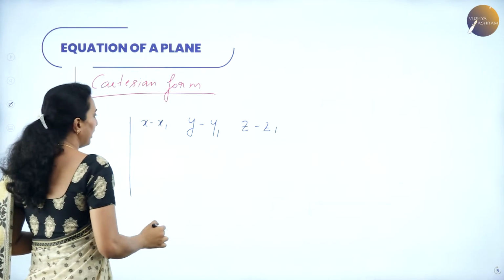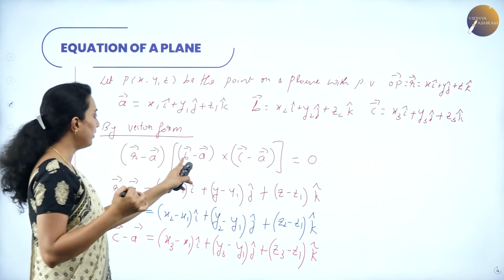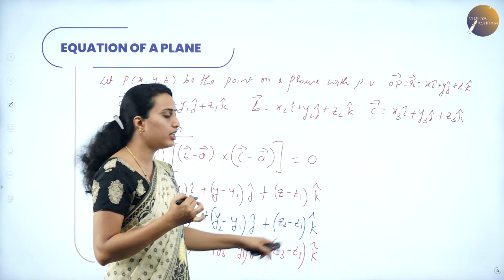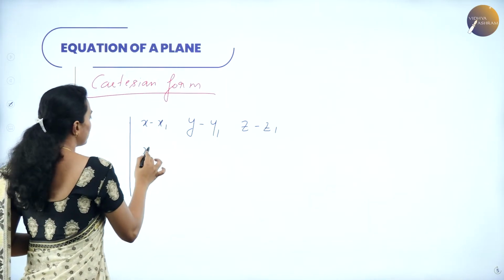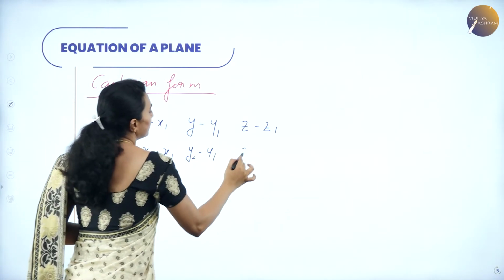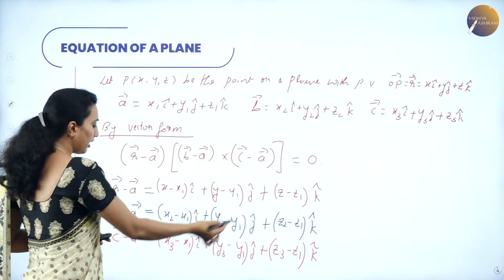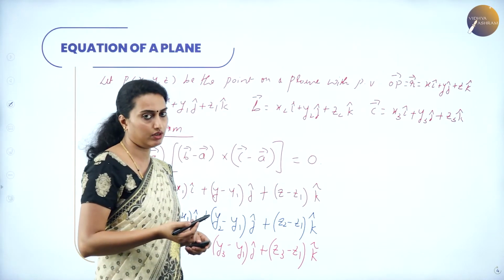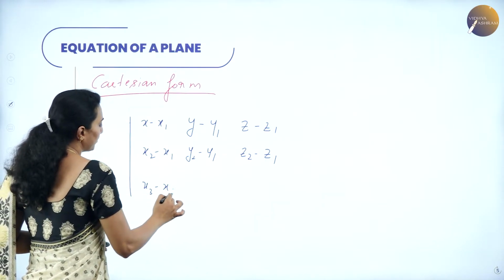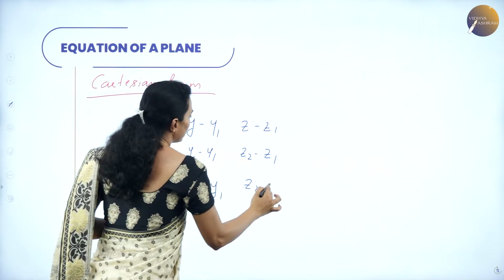In the second row, writing B vector minus A vector, which is x2 minus x1, y2 minus y1, z2 minus z1. And in the third row, writing C vector minus A vector, which is x3 minus x1, y3 minus y1 and z3 minus z1.